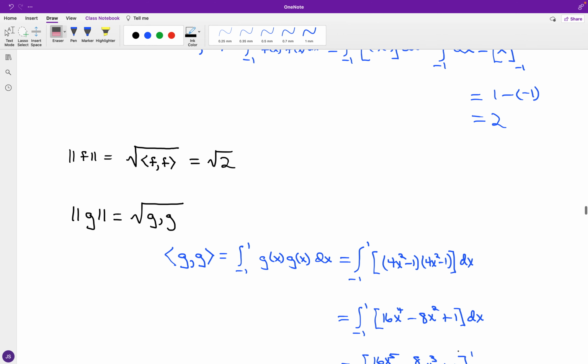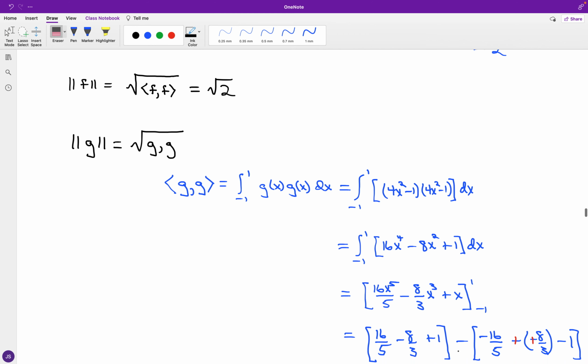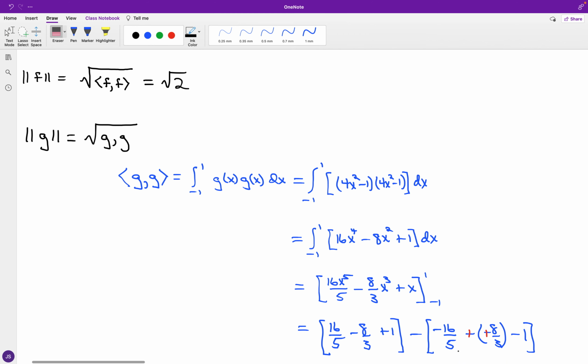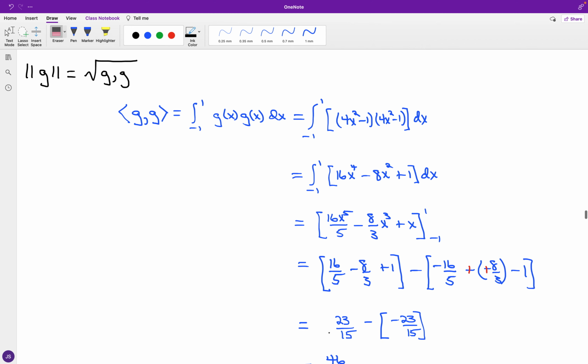And 4x squared minus 1 times itself is 16x to the 4th minus 8x squared plus 1 dx as x goes from negative to positive 1. For the antiderivative, we have 16/5 of x to the 5th minus 8/3 of x cubed plus x, as x goes from negative to positive 1.